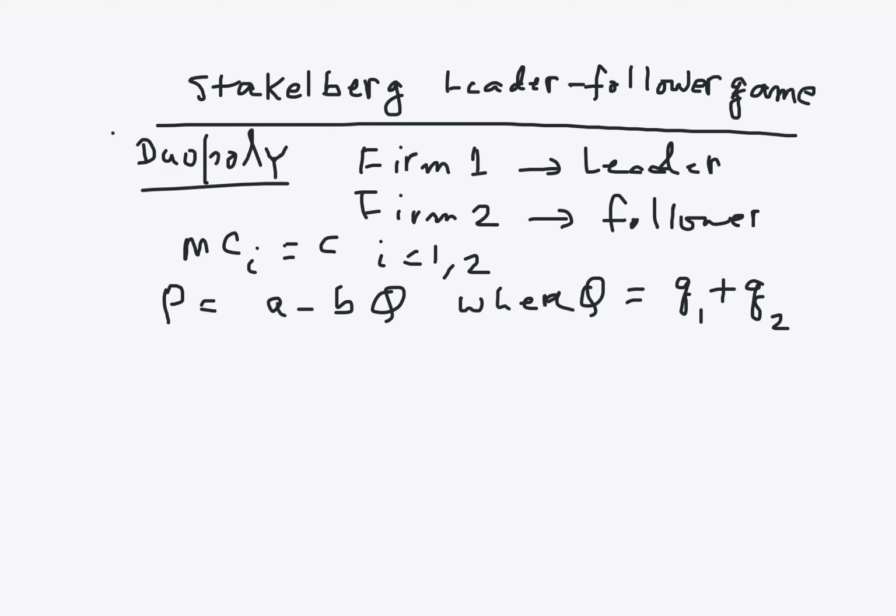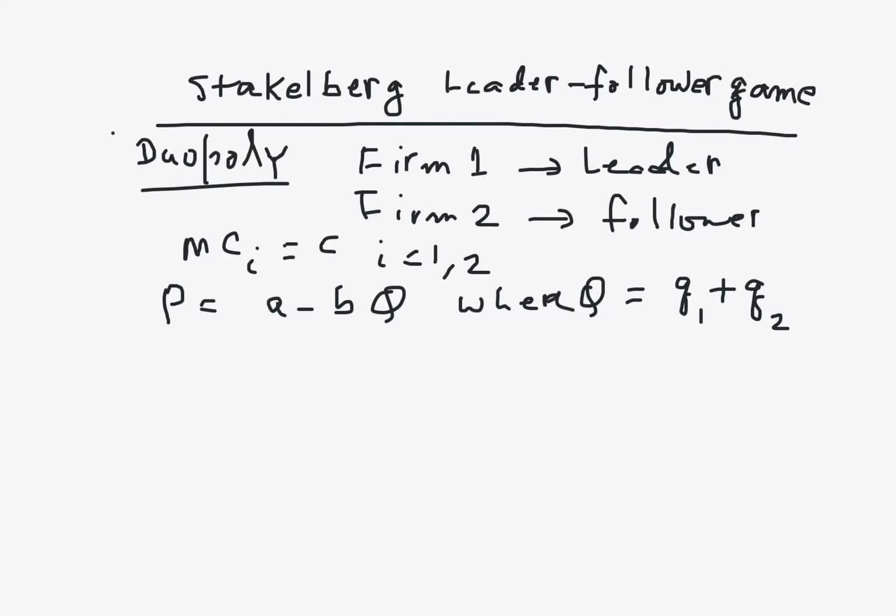To solve this game, clearly this is a sequential game, where firm one is going to choose its output first, and then firm two is going to observe what firm one did, and then make its choice regarding the output.